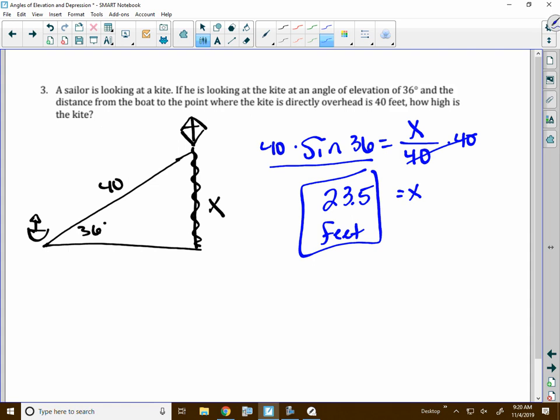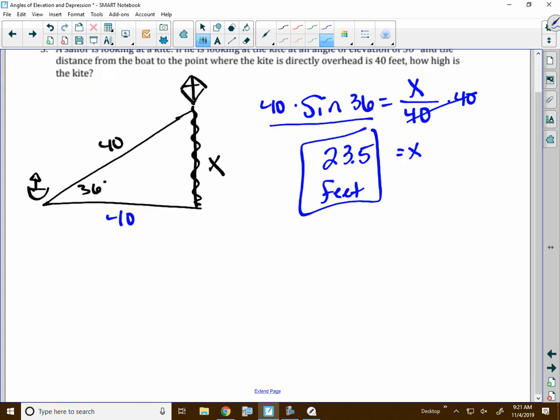So look at a different way of thinking about number 3. He thinks 40 should have been here. That's what I thought, because it says from the boat to the point where it's directly over. That makes sense too. Okay, so if you did that, it would be opposite over adjacent, right? So tangent.